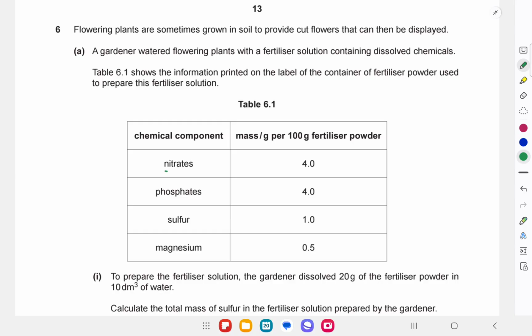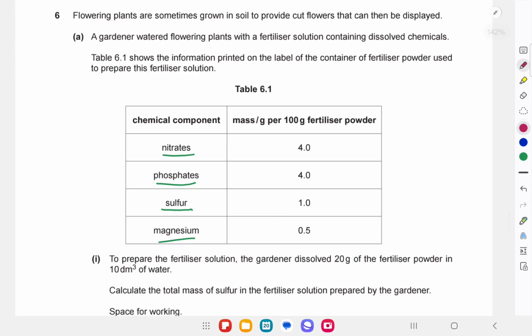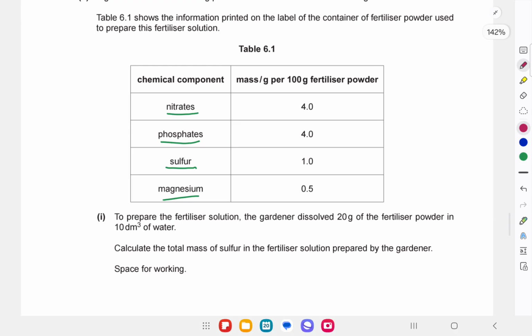Okay, so there are nitrates, phosphates, sulfur, and magnesium. To prepare the fertilizer solution, the gardener dissolved 20 grams of fertilizer powder into 10 decimeter cube of water. Calculate the total mass of the sulfur in the fertilizer solution prepared by the gardener.